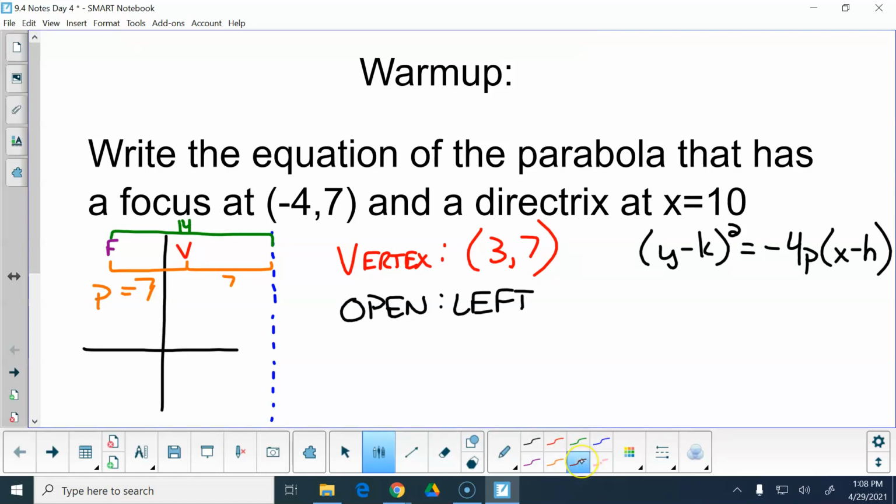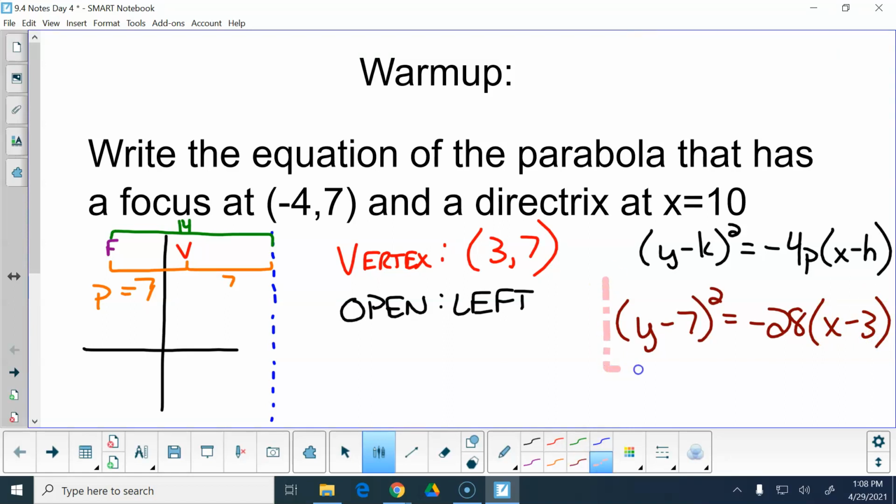So the equation that we get there is y minus 7, quantity squared, equals -28 times the quantity x minus 3.